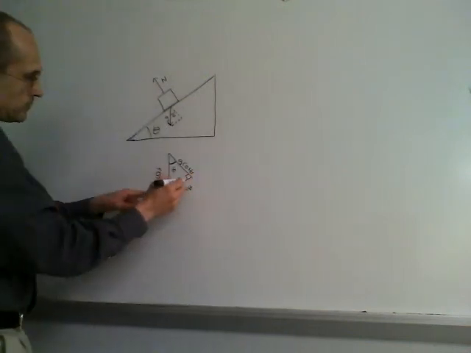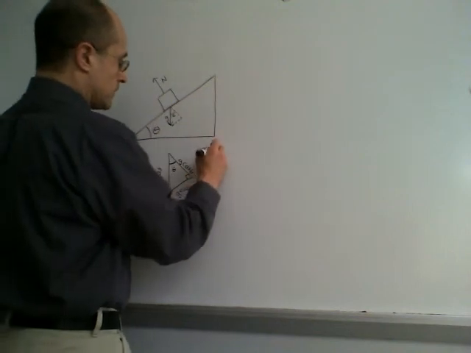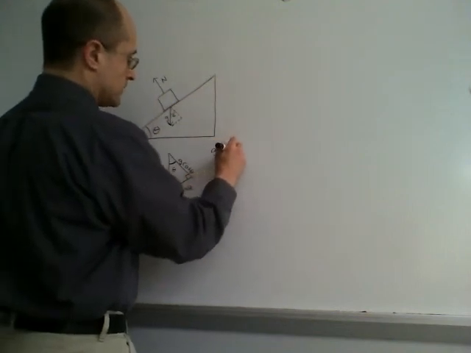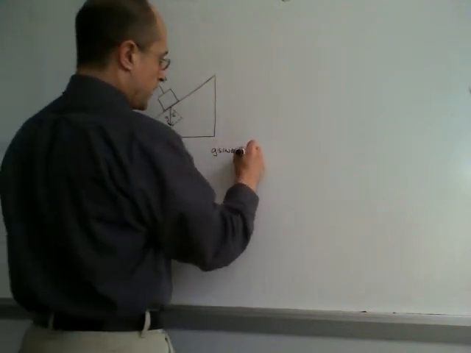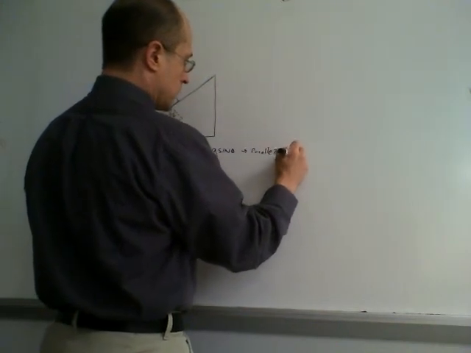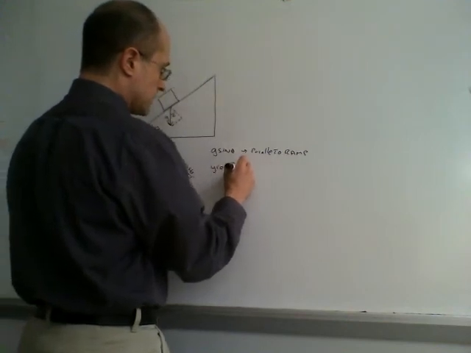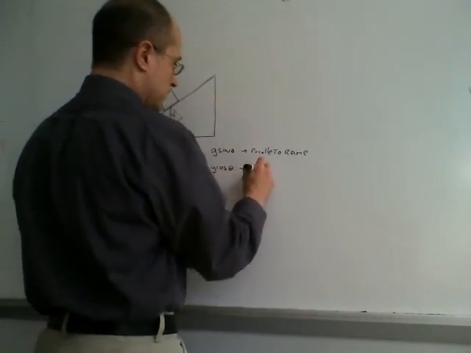You can see that G sine theta is down the ramp, parallel to the ramp, and G cosine theta is in the direction of the normal force.